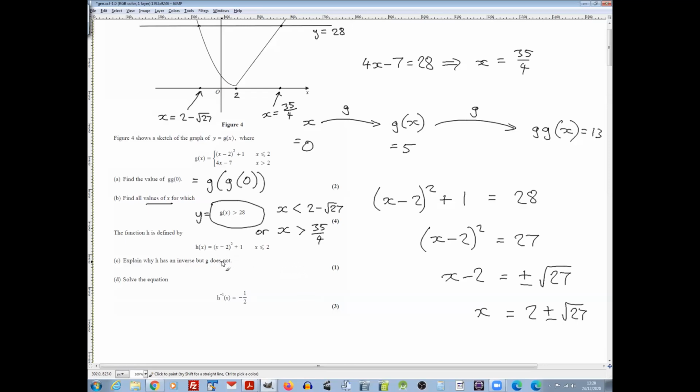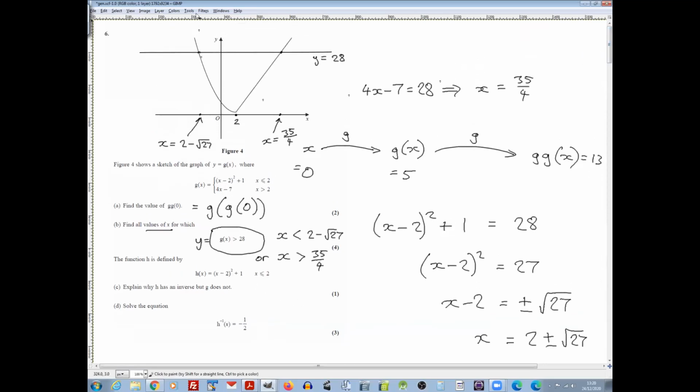Let's see then. The function h is defined exactly like the first part of function g. So the graph of h would just be that much of the graph of g.